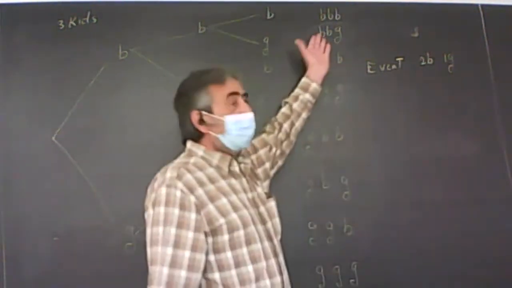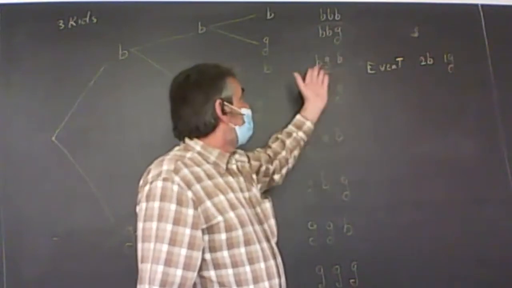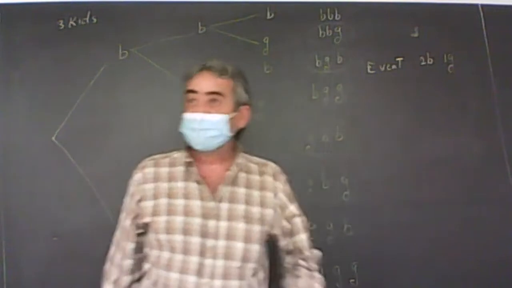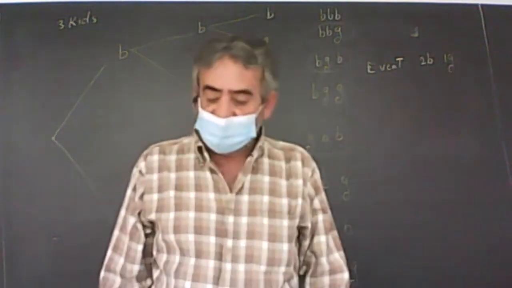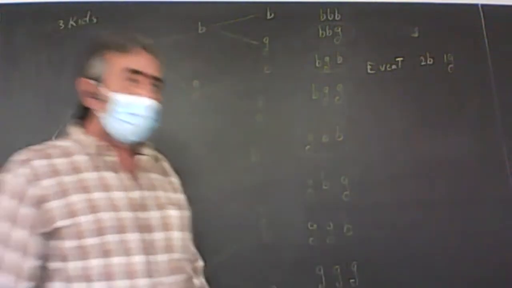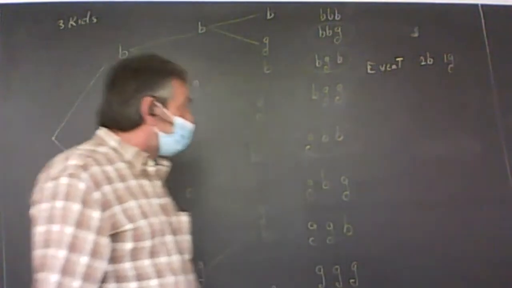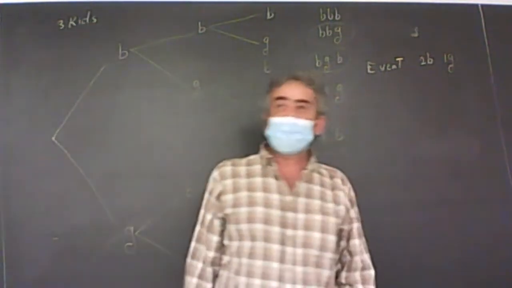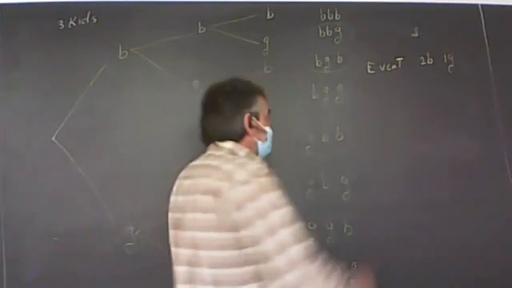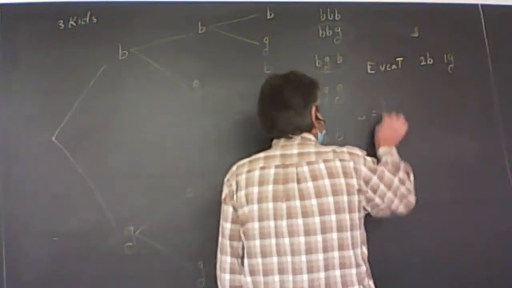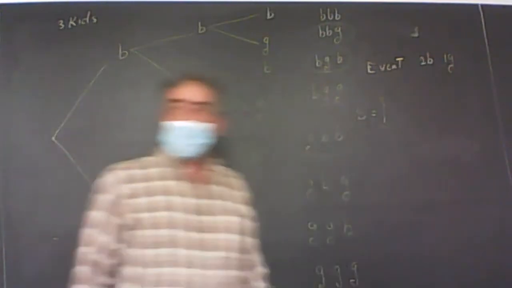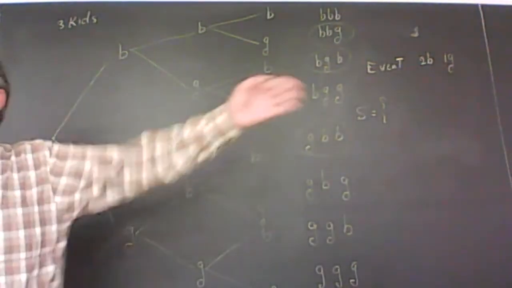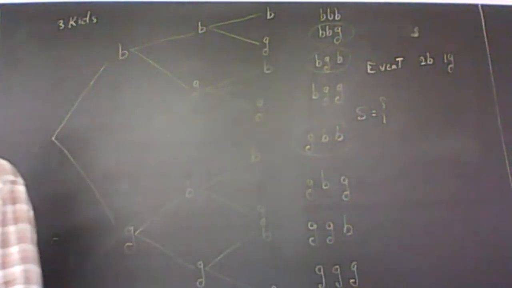They could have boy, boy, girl; boy, girl, boy; or girl, boy, boy. So these are explaining the sample space. To describe the sample space, we put it in set notation. Say S is equal to, set notation, and then we write all the possible outcomes separated by a comma.